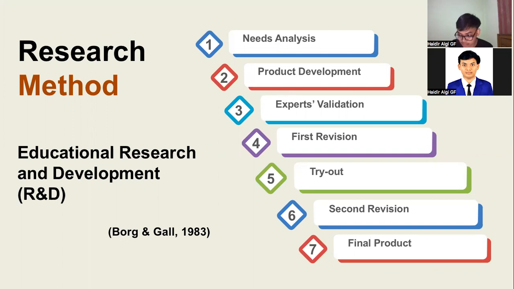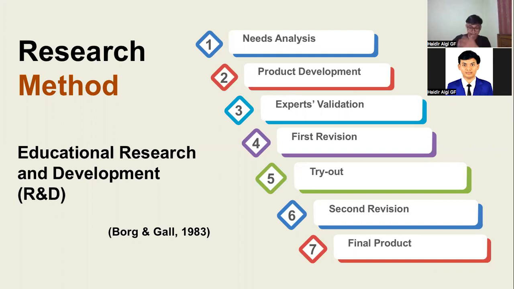Yes, you also have preliminary field testing. Then main product revision. Of course, you have main field testing. I'm not sure that you have it. Then revision of product, then operational field testing, then final product revision, and the last of all is dissemination and implementation.